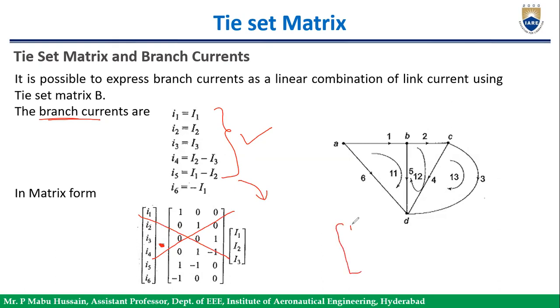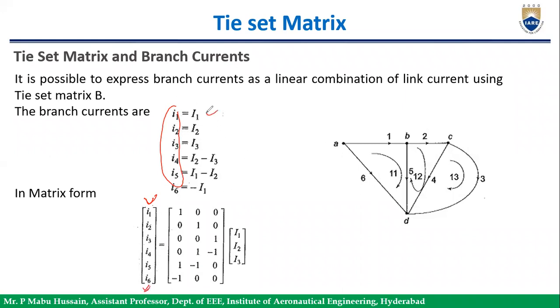Again, you have to write the current vector I1, I2 up to I6. So we are representing all the branch currents as one column vector.